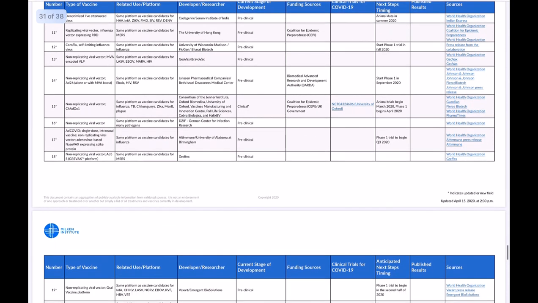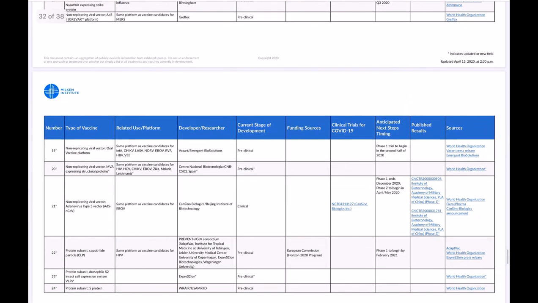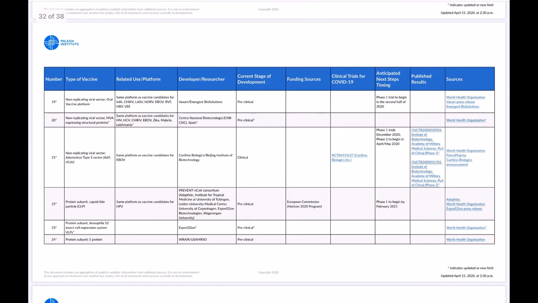You can see lots of viral vectors, some of them using adenovirus. Going down, we have a protein subunit, a capsid-like particle. So the idea of a virus-like particle, but of course we know coronavirus doesn't assemble into an icosahedral capsid, so it's going to assemble into its nucleocapsid.